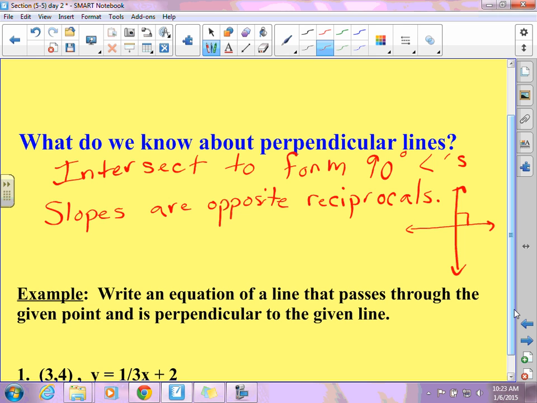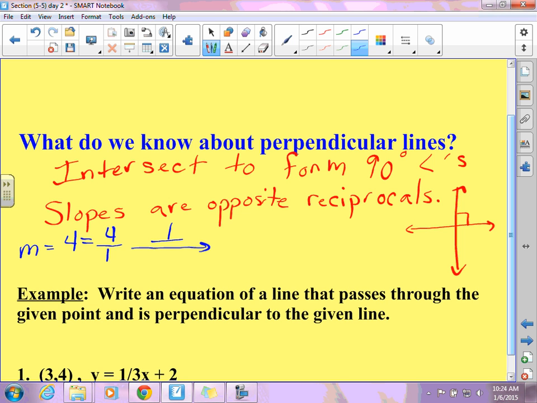If I have the slope of 4, that's the same thing as 4 over 1. Now remember, yesterday I drew a little arrow and I put 2 parallel lines on the top. What you're going to do is put an upside down T. That means perpendicular. And so my new slope then, it says opposite.